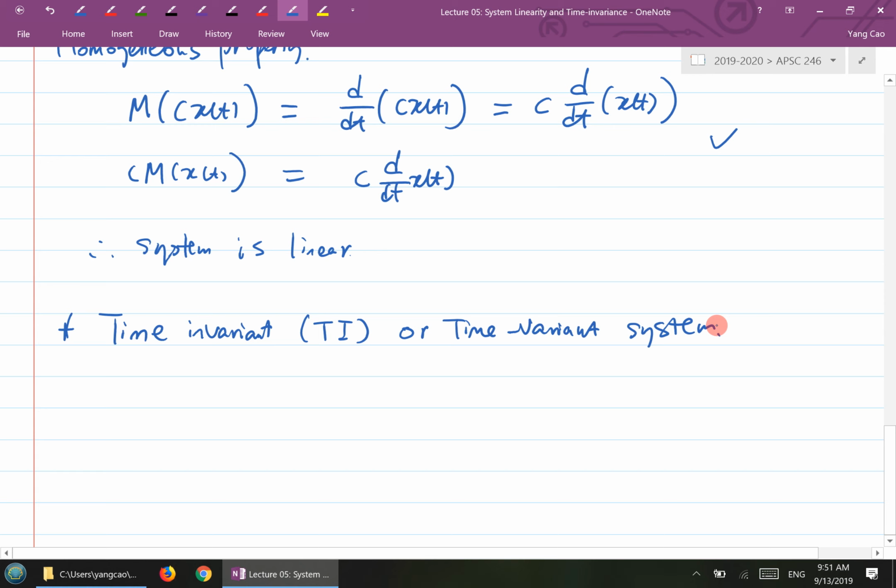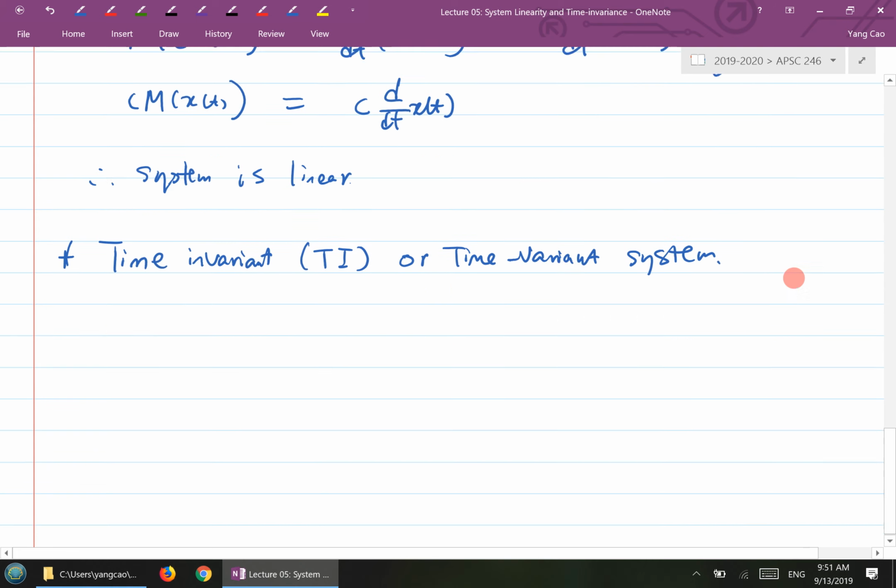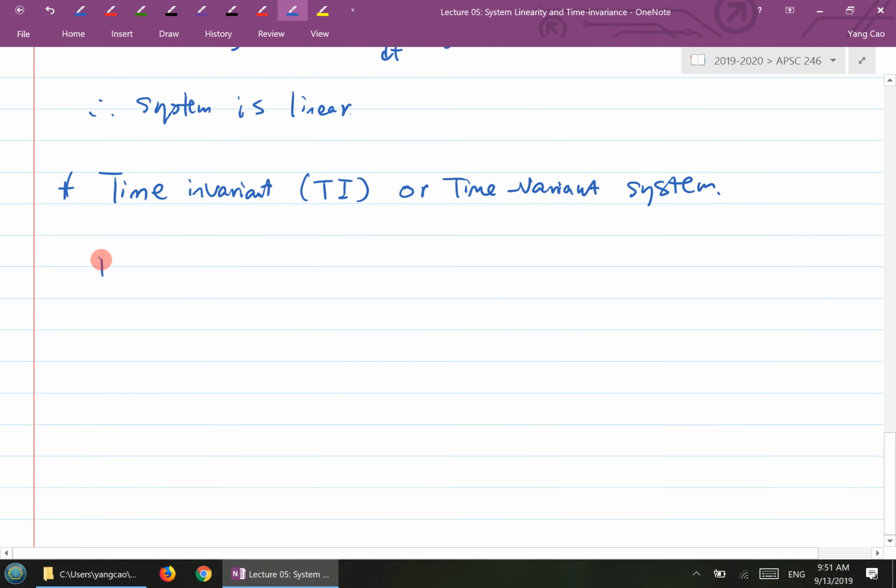Time-invariant, we often call in short a TI system. Once we finish this classification, we can combine the linear system and time-invariant system together. We have a very special system called a linear time-invariant system, an LTI system, a very common system. So first, let's look at the definition of a time-invariant system.